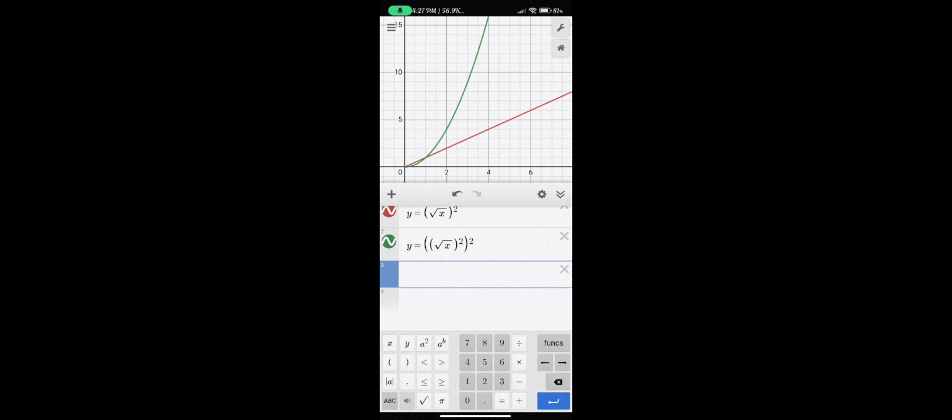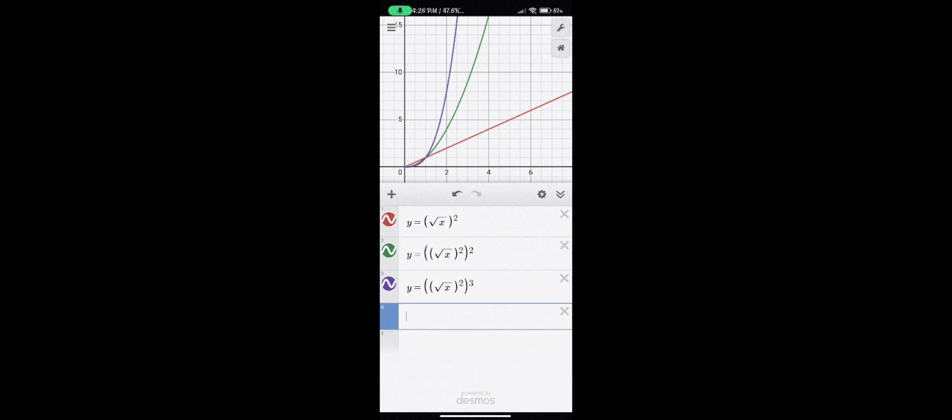Now the same thing, y is equal to square root of x whole cube. So this is y equal to x cube. What you can observe here is that the line is trying to move. First it is widened, correct? Second, it is trying to move near the y axis, correct?